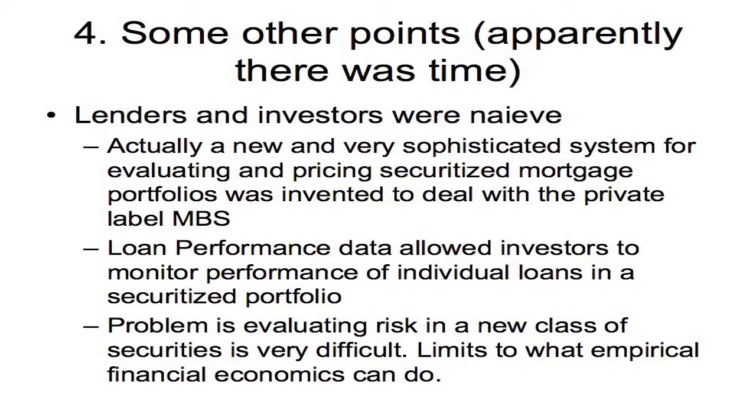It was vastly more sophisticated than anything else that has ever been available to price mortgages. Oh, we didn't know that. No, it's just a bunch of naive blah, blah, blah. No, this was extremely sophisticated, okay? Rocket scientists and statisticians were analyzing these for prepayment risk and collateral risk.